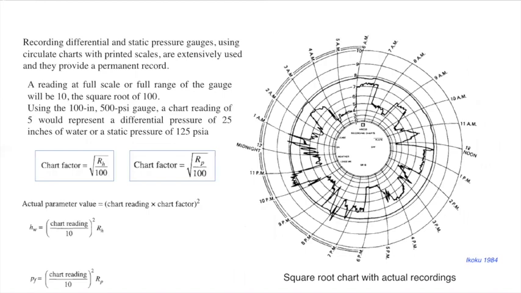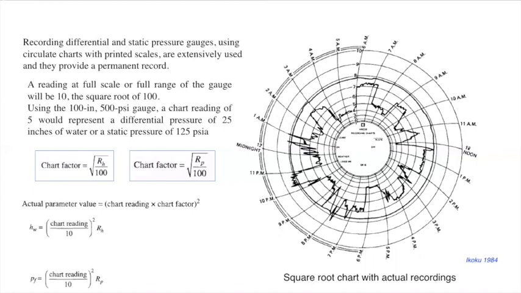Now, as I discussed the plot here, this is not used in today's world because we are more digital now, but there are many remote places where this is being used at present also. You see that this chart is showing the value of your differential pressure as well as absolute pressure.